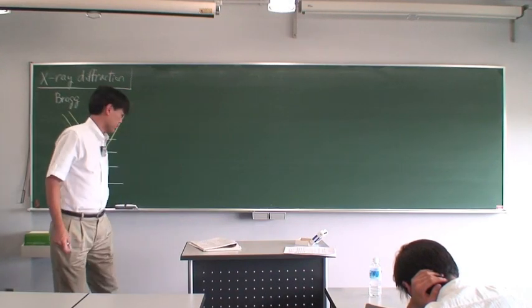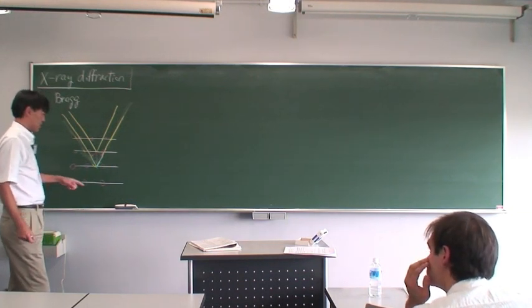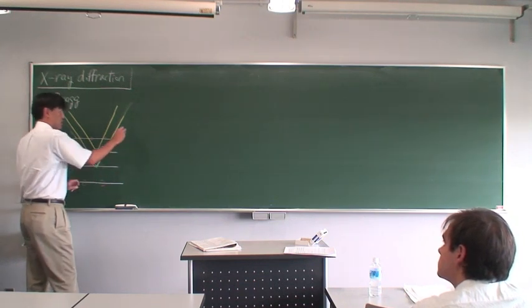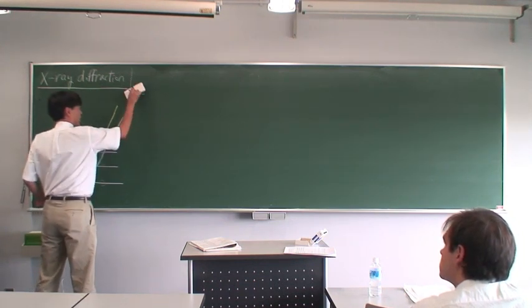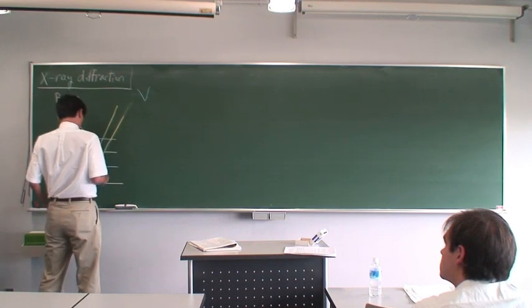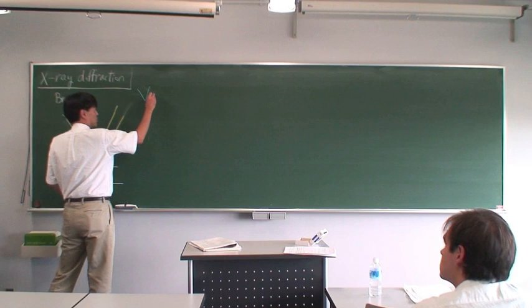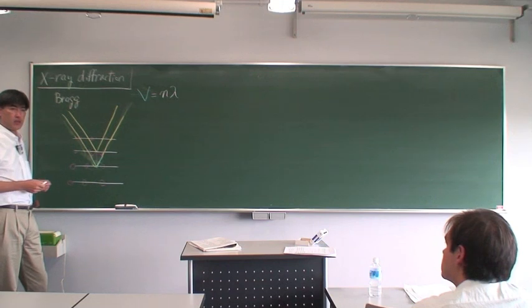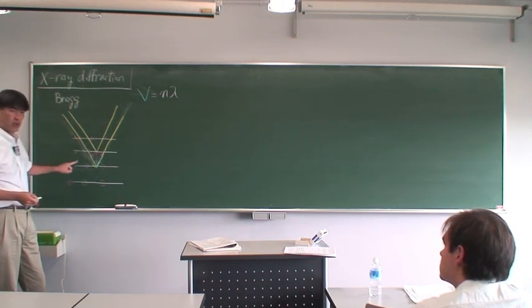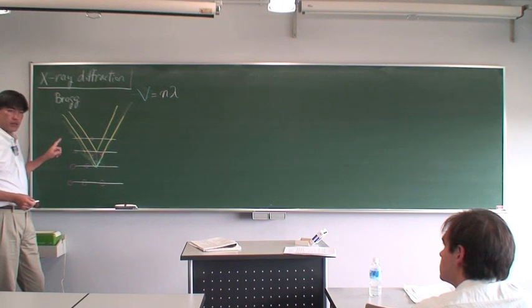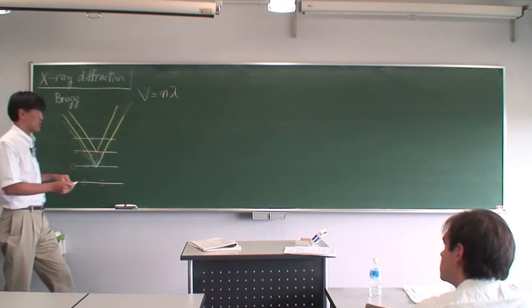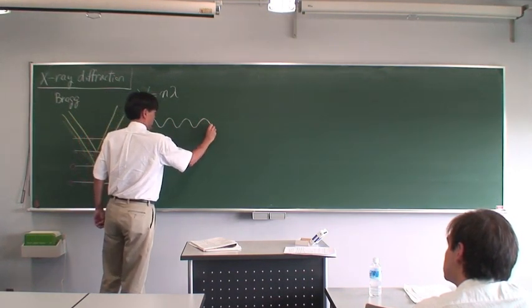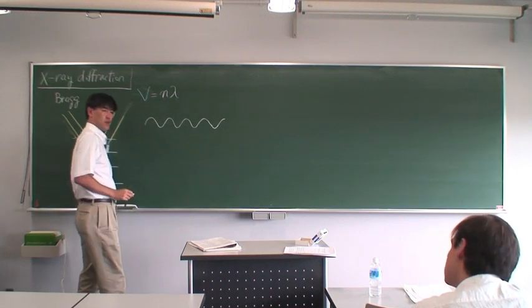And then Bragg found that if this distance is an integer multiple of the wavelength, then the top ray and the bottom ray constructively interfere. In other words, here's a top ray.